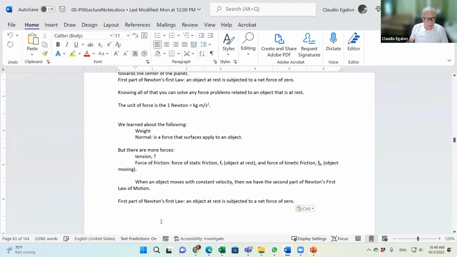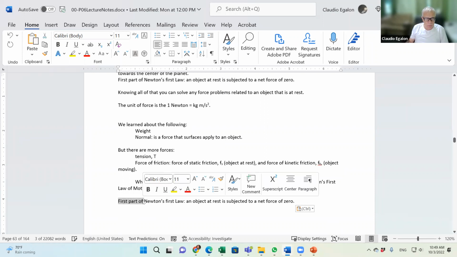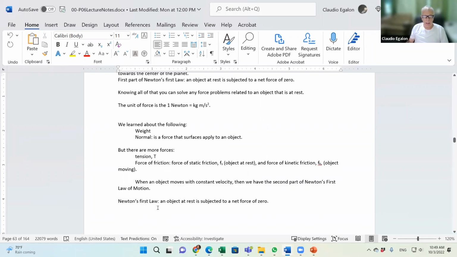And now, here you go. Not the first part now. Now, Newton's first law.